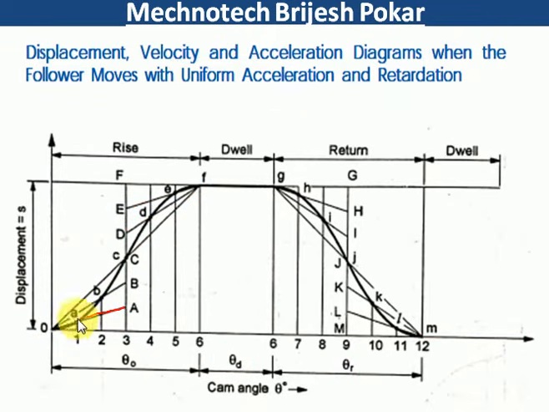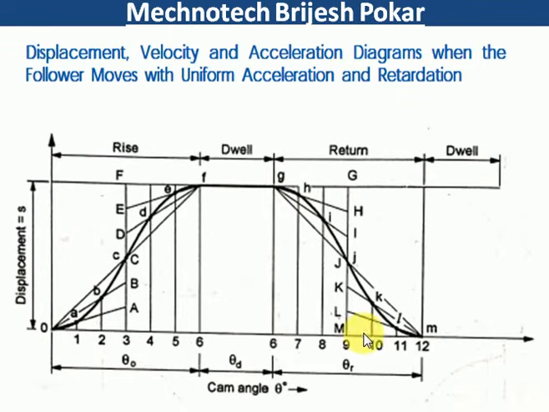When you join this part to here, you will get the first point. If you join the second part B to O, then you will get the second point. The third point will be here in the center. The fourth point you will get here when you join, okay, and the fifth part over here, and the sixth part itself F. Okay, so by this way we can get the motion, we can say uniform acceleration and retardation.